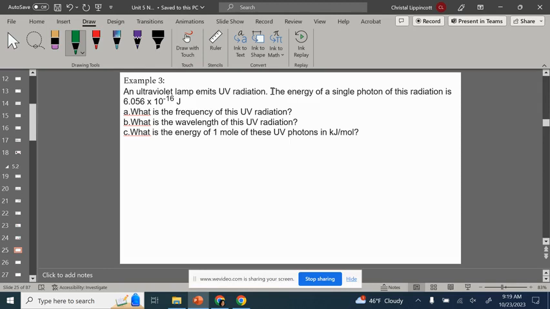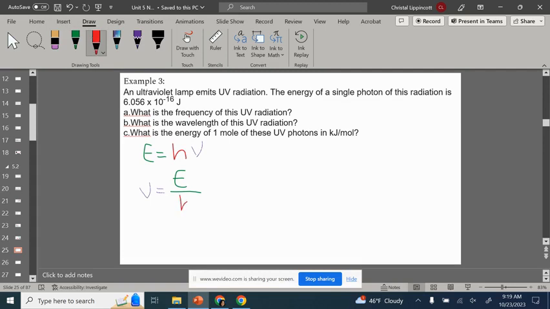First one, right. Okay. So that is energy equals Planck's constant times the frequency. I need to rearrange that to solve for frequency. So I'm going to have my frequency equal to what? Energy over Planck's constant.